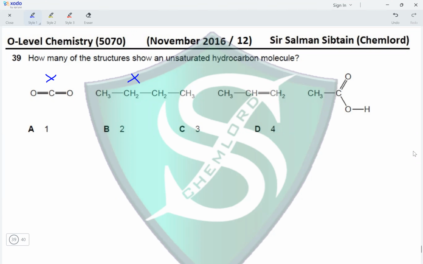Compound 3 is an alkene, so it is an unsaturated hydrocarbon. And compound 4 is a carboxylic acid, so it is not an unsaturated hydrocarbon. So only one out of the four given structures is an unsaturated hydrocarbon, making option A the correct option for this question.